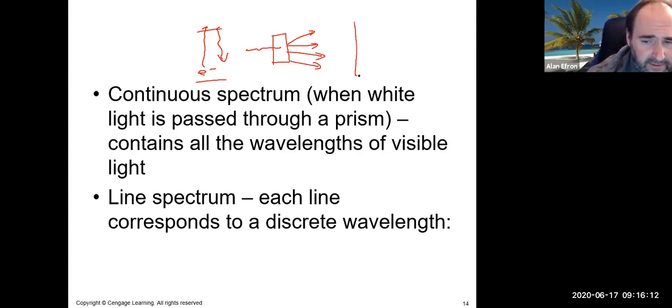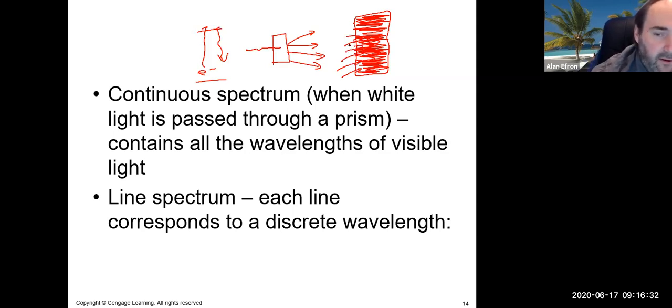A continuous spectrum is almost like a hill. You can step anywhere you like along the way, because energy from all the wavelengths is getting given off at once.